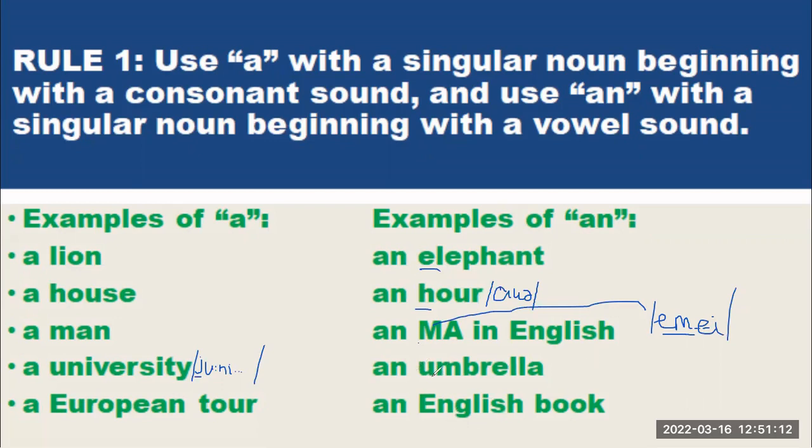So here, an umbrella, an English book, all right? So I want you to take note of that. Let's undo the marks. Okay, so now we can go to the next slide.